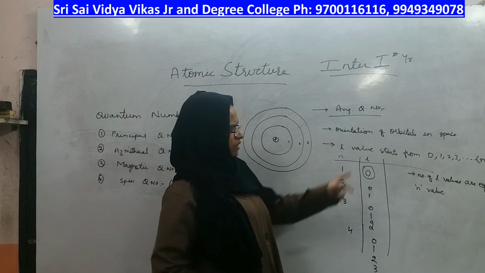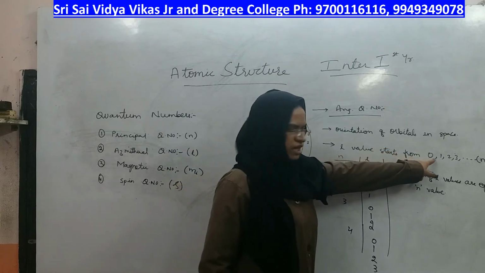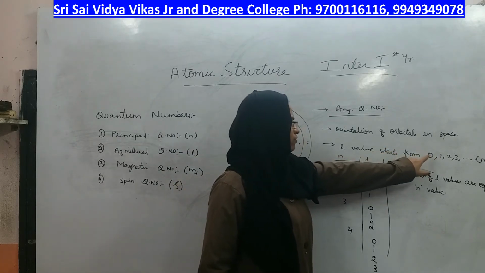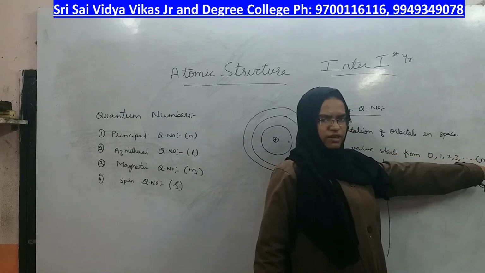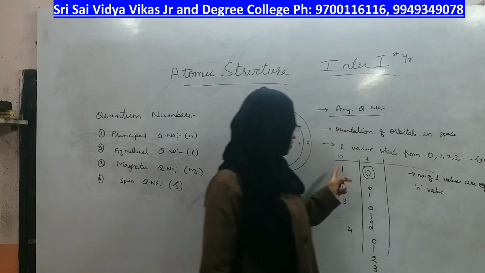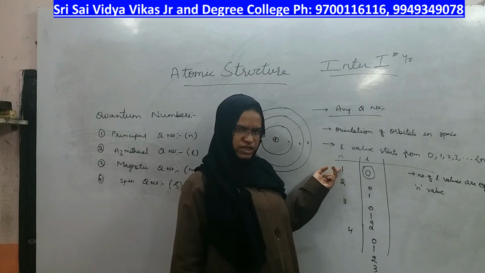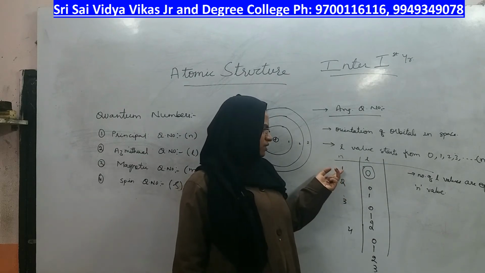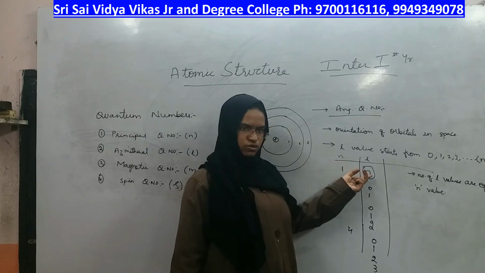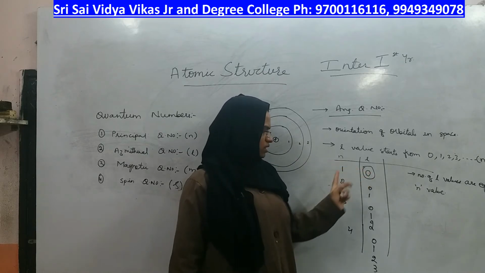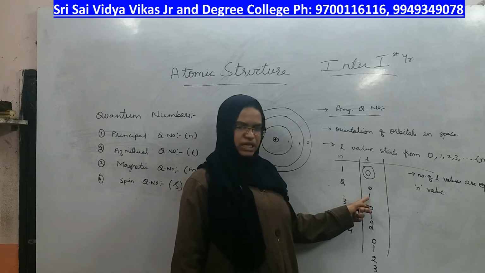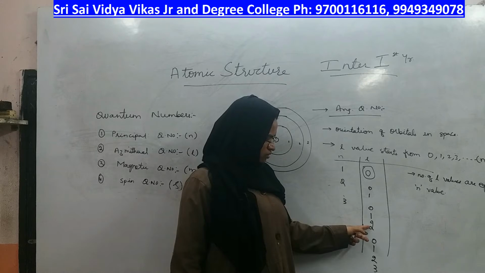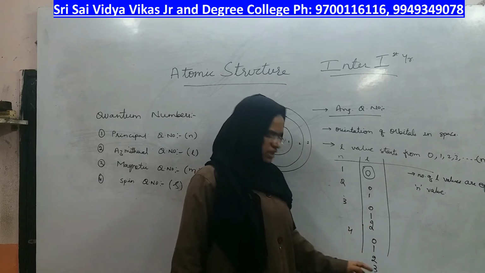So now let us check whether it is coming out correct or not. The starting value for L is 0 and the last value will be n minus 1. For the first main shell, n minus 1, 1 minus 1 is 0, right? Is the ending coming correct or not? Yes. For the second, 2 minus 1 is 1, correct. 3 minus 1 is 2, correct. 4 minus 1 is 3, correct, right?